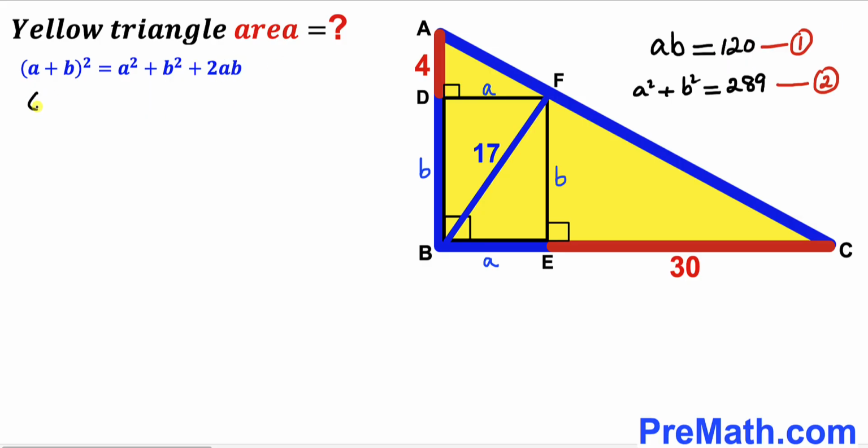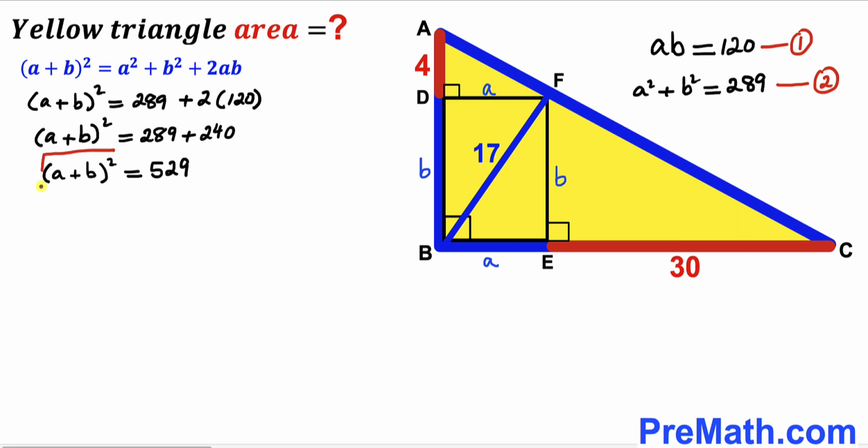So therefore, after the substitution, that is going to become a plus b whole square equals 289 plus 2 times our ab value, 120. And I'm going to undo this square by taking square root on both sides. And here we can see our a plus b value turns out to be positive 23 units. And I'm going to label this one as our equation number 3.